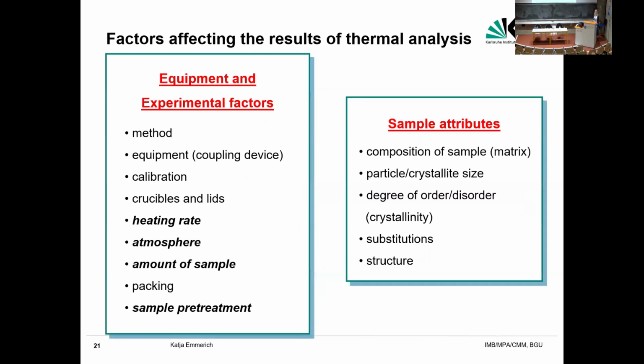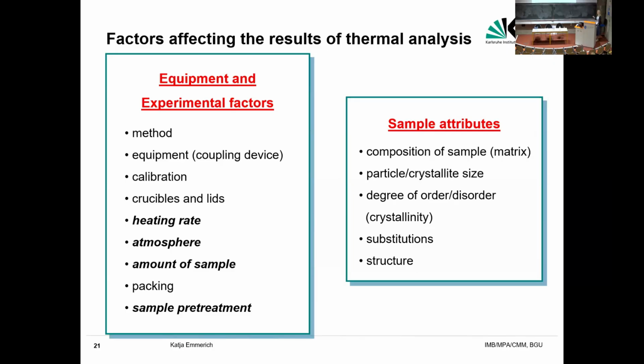And now we talk about all the experimental parameters that influence the results. What we want to learn from thermal analysis is information about the composition of our sample. We also can get information on particle size or crystallite size. If we think about samples that contain, for instance, natural carbonates that are dissolved and precipitated again, then you most of the time observe a change in the crystallinity that you will see by a shift of the decomposition peak.